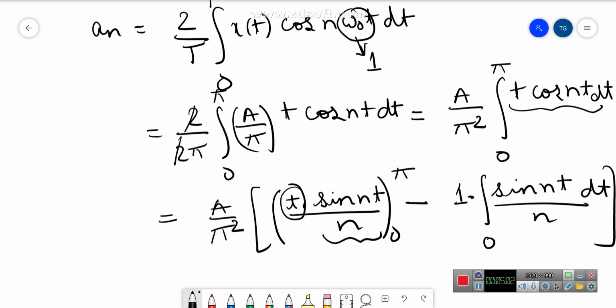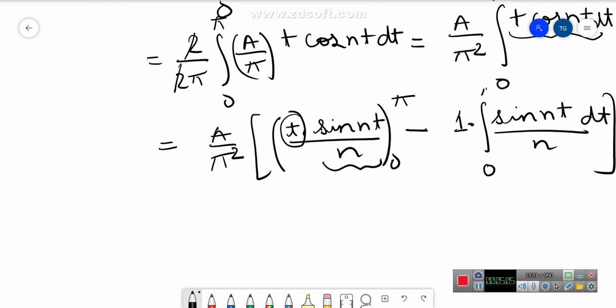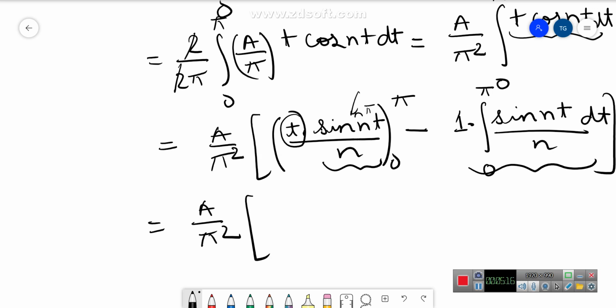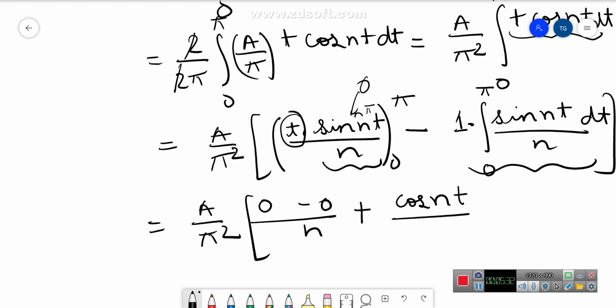When we substitute pi here, then sine n pi is 0. So 0 minus 0 upon n is left here, and we know integration of sine is minus cos, so minus minus becomes plus here, and we are left with cos n t by n square from 0 to pi.